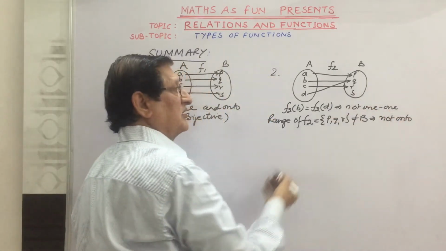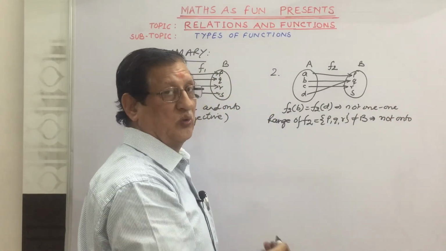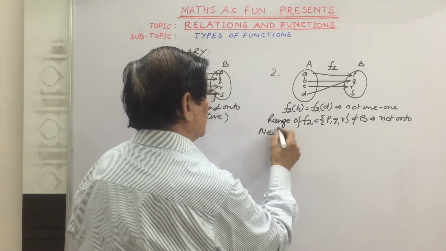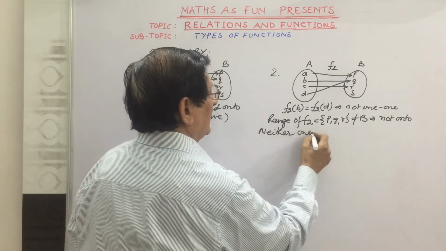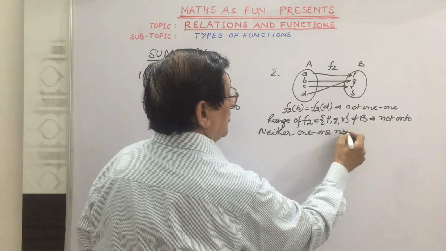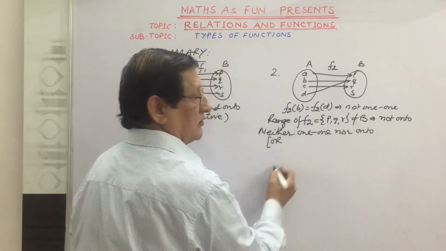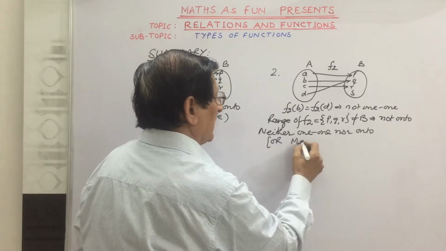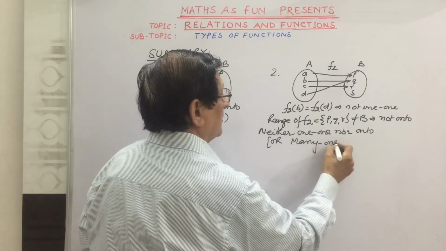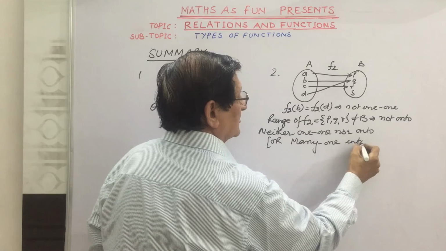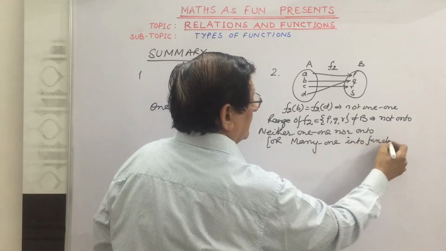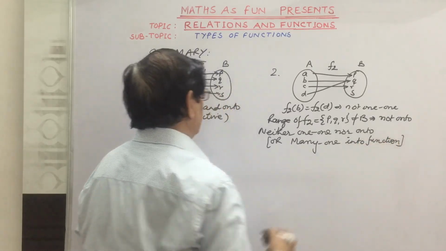So the function is neither one-one nor onto, or we can say this is many-one into function.